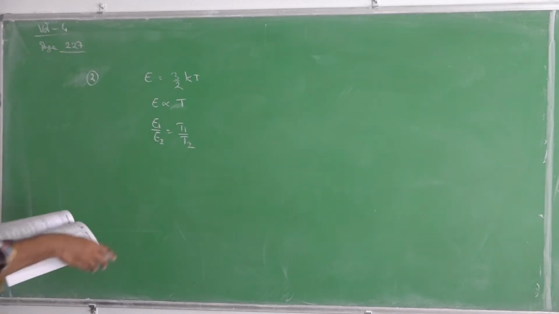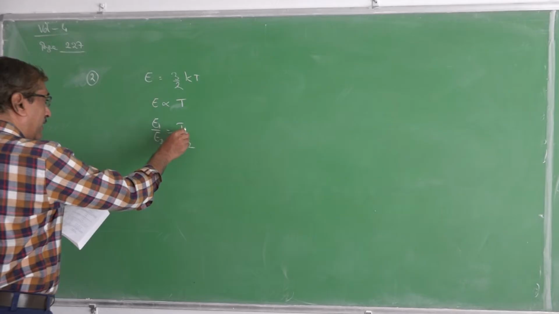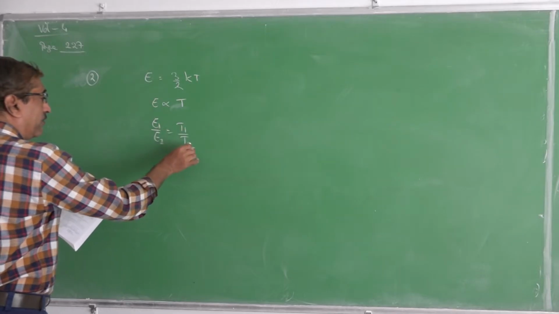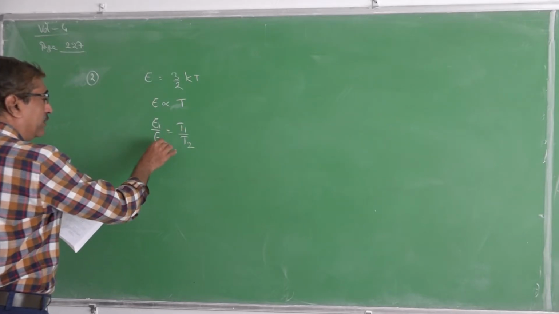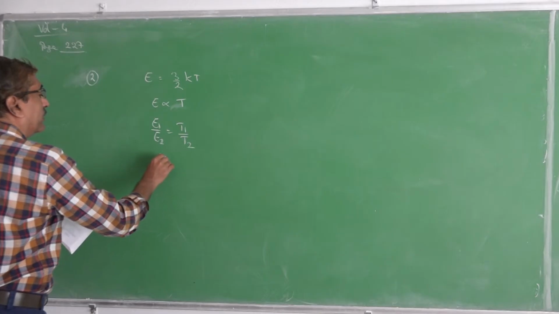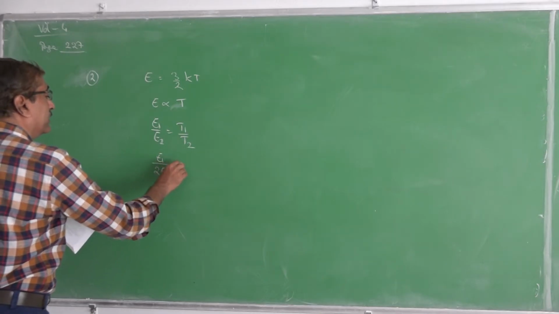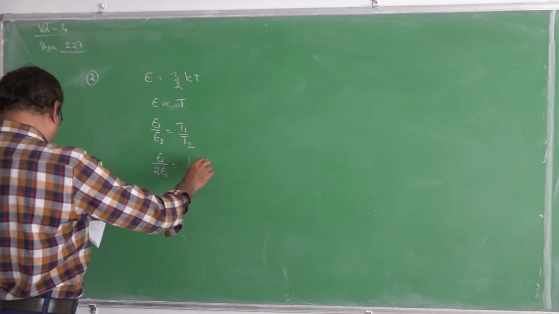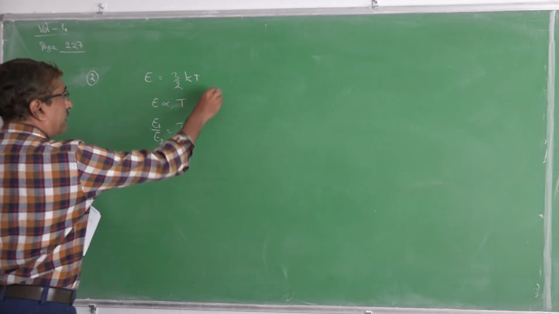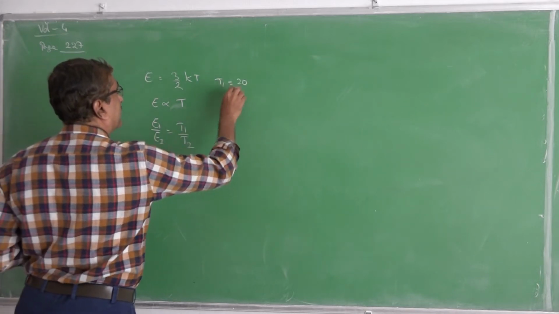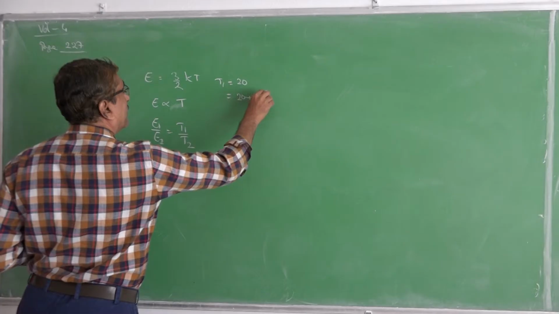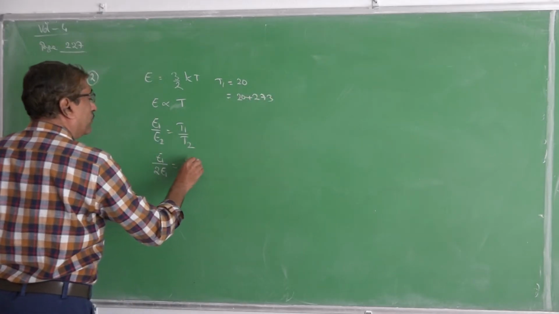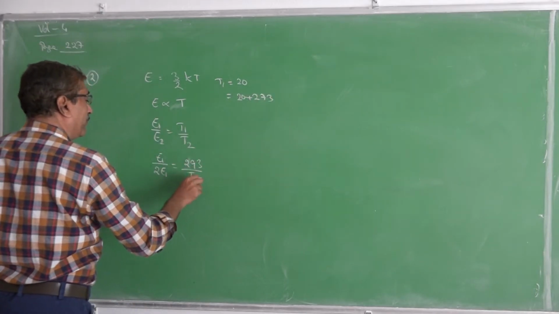Okay. Now, given that at a particular temperature its value is E1, find the temperature at which E2 becomes double the E1. So E1 by 2E1 is equal to T1, which is given as 20 degrees centigrade. So T1 is 20 plus 273, that is 293, by T2.